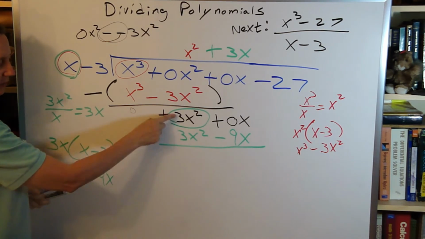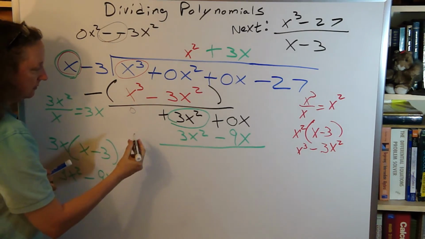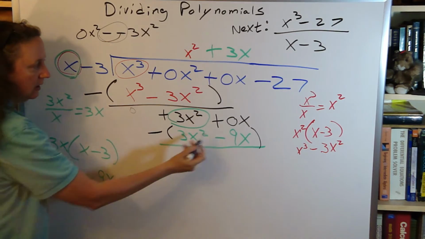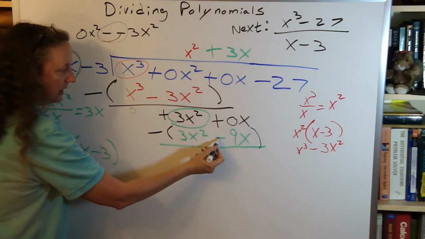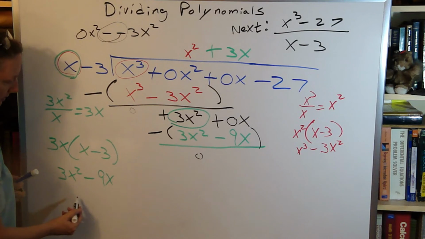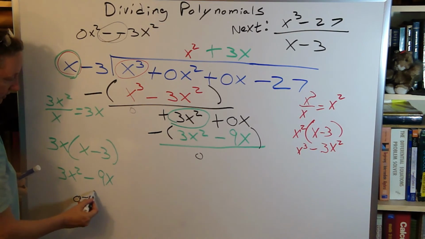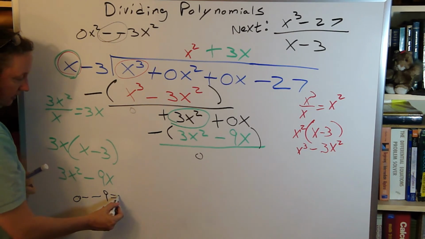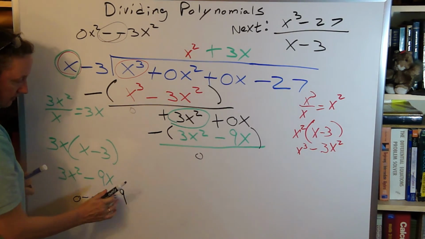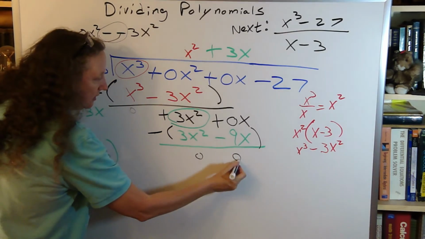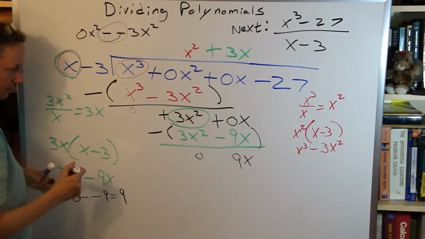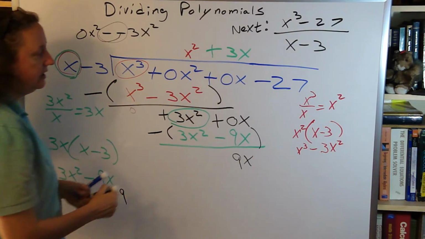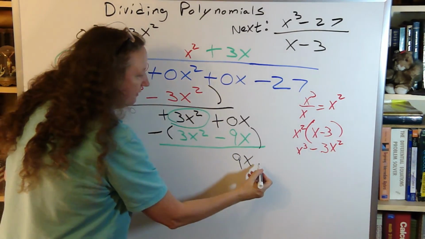So 3x minus 3x gives me 0. 0 minus negative 9x. 0 minus negative 9 is positive 9. And then I carry down my minus 27.